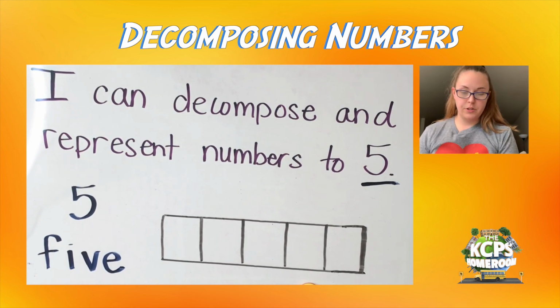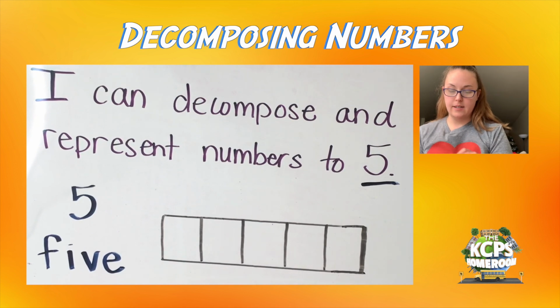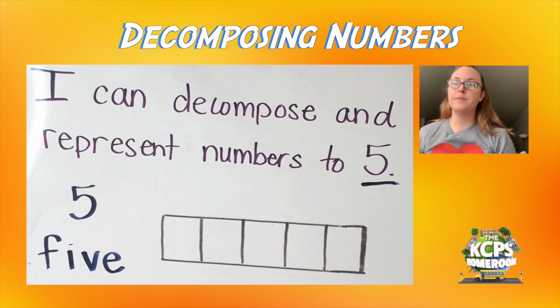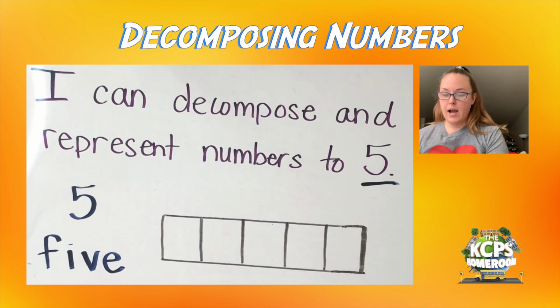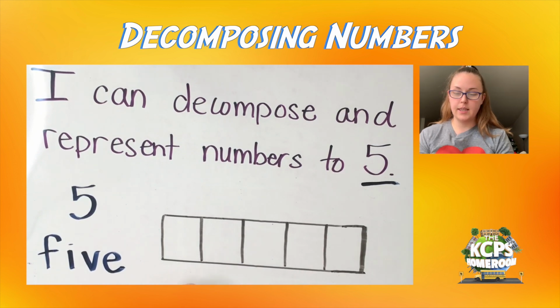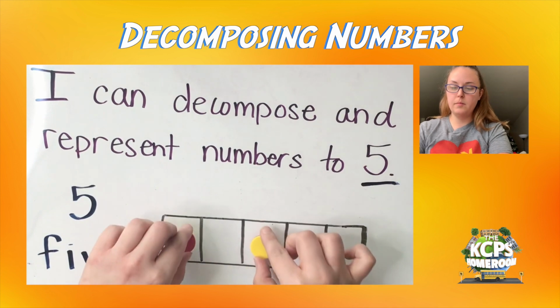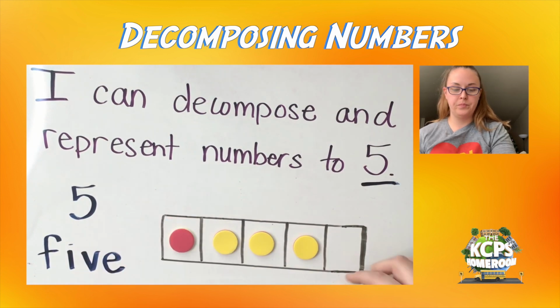So the first thing I want you to do is grab your counters and in front of your flat surface, I'd like you to create a row of 5 objects in front of you. And it doesn't matter what colors you have, so we're going to work on that in a moment. So I'm just going to lay down my counters like this.